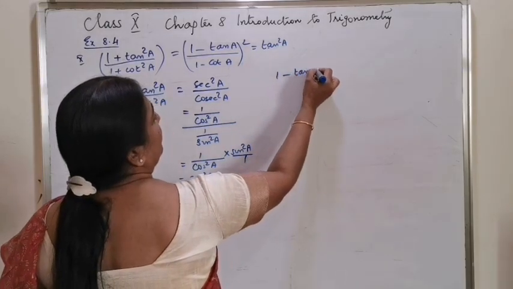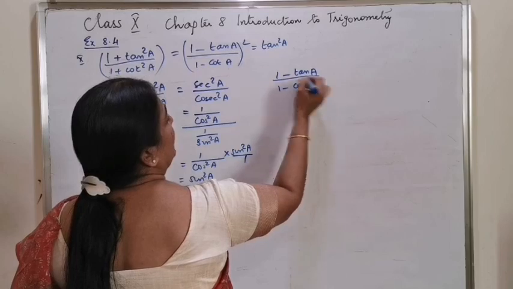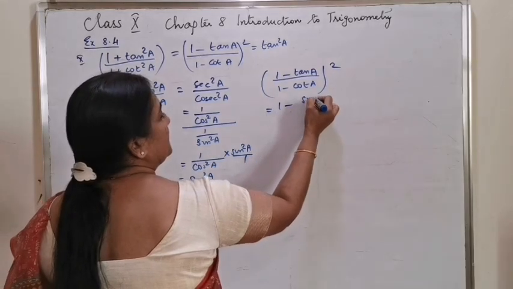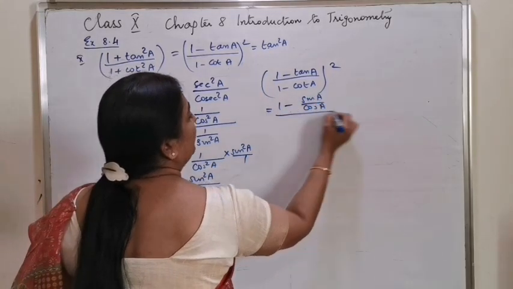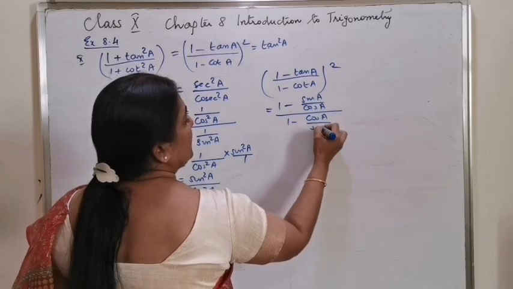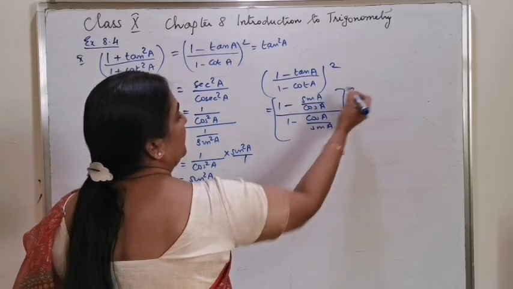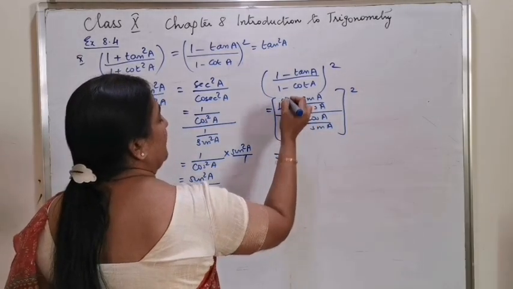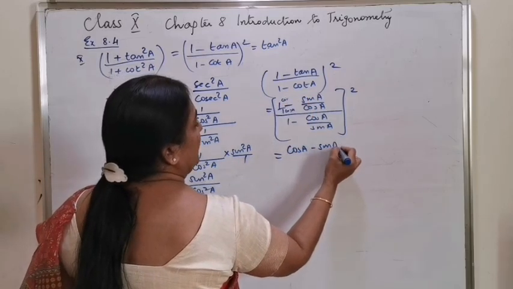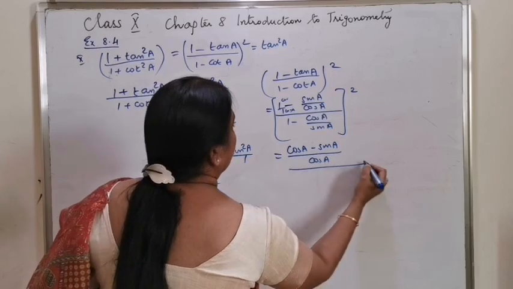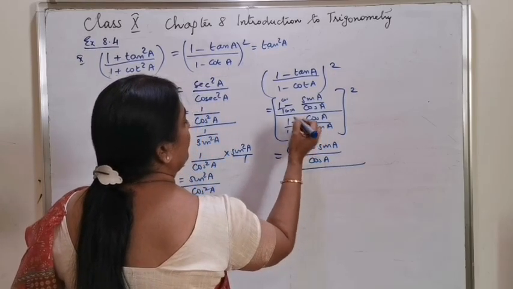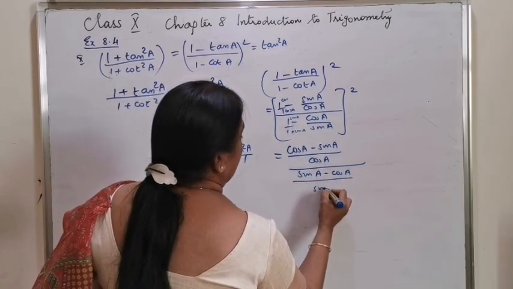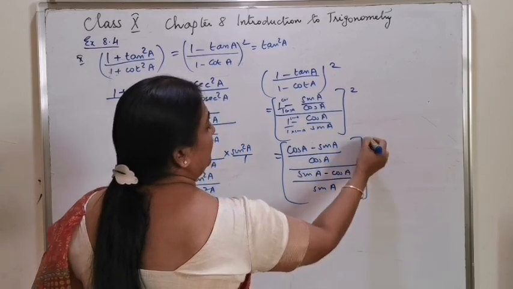(1 minus tan A by 1 minus cot A) the whole square can be written as (1 minus sin A by cos A) divided by (1 minus cos A by sin A), the whole square, which is the same as (cos A minus sin A by cos A) divided by (sin A minus cos A by sin A), the whole square.